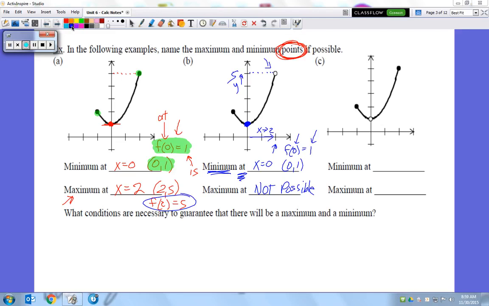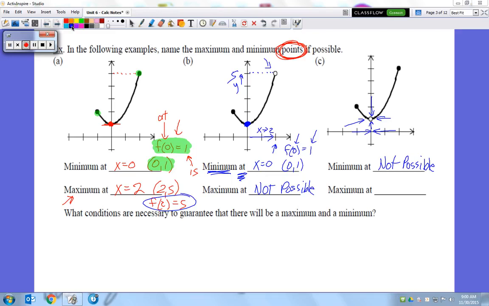So let's look at our next example. What is the minimum? The minimum is not possible here, for the same reason. It's infinitely approaching x is equal to 0, and as x is approaching 0, the y's are infinitely approaching 1. But they will actually never hit 1. Because it goes on forever and ever, wanting to approach 1 but never hitting it, we view it as a non-quantifiable endpoint, basically that open endpoint.